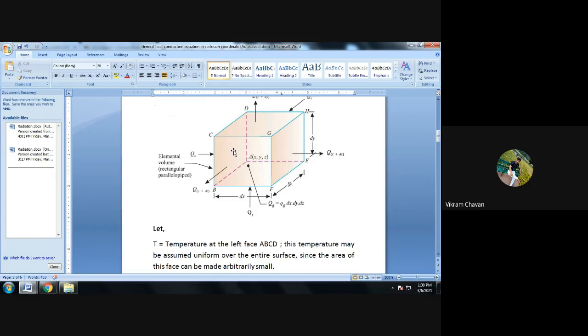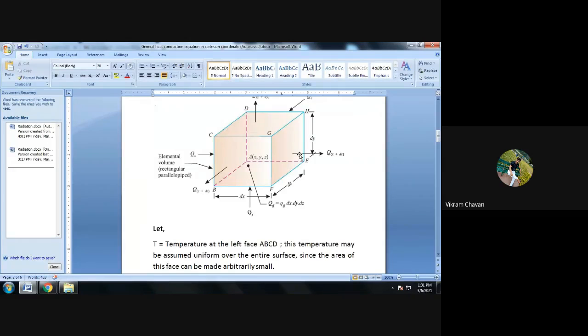Okay, so we can say that there is a change in temperature in x direction, with respect to its length. Whatever the length traveled by the heat, during that length in x direction, the variation in temperature will happen.